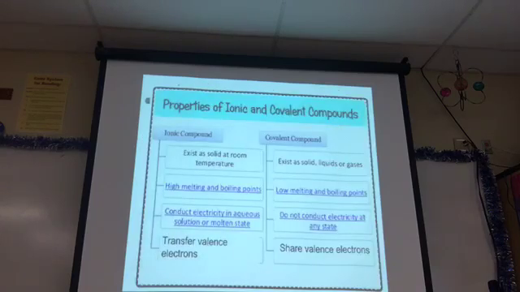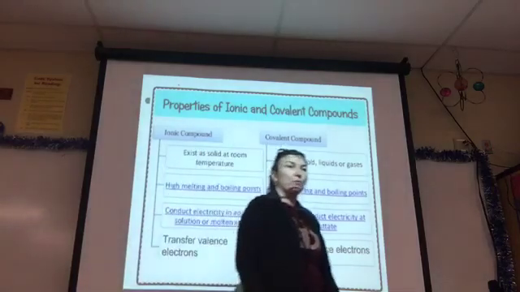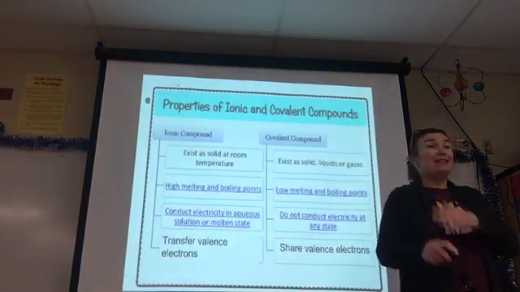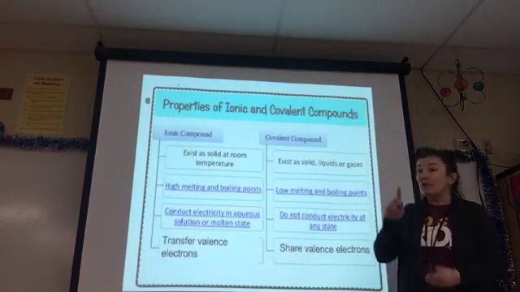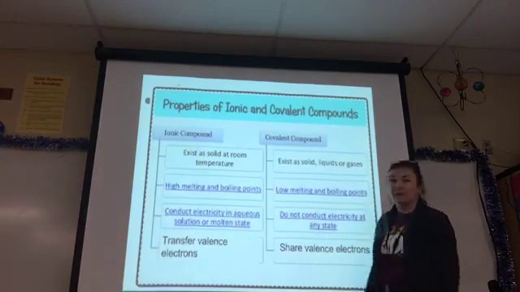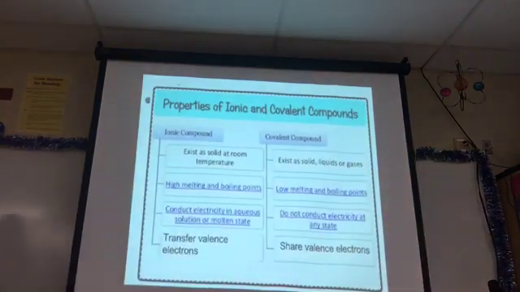Here are some properties. Comparison between ionic and covalent compounds. Ionic compounds will always exist as a solid at room temperature. You will never find them in a liquid or gaseous form. It just doesn't happen. But covalent compounds can exist as a solid, a liquid, or a gas. As a solid, it could be a sugar molecule.